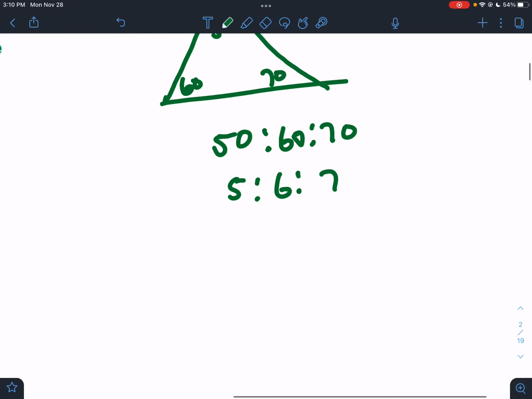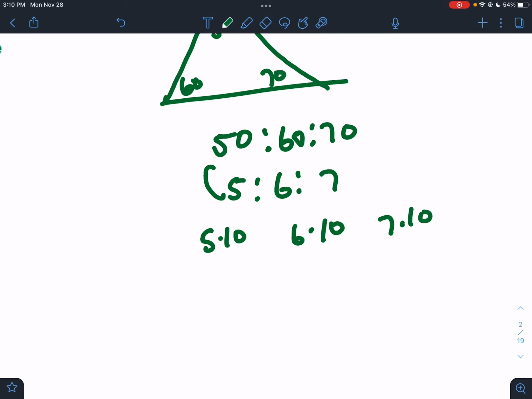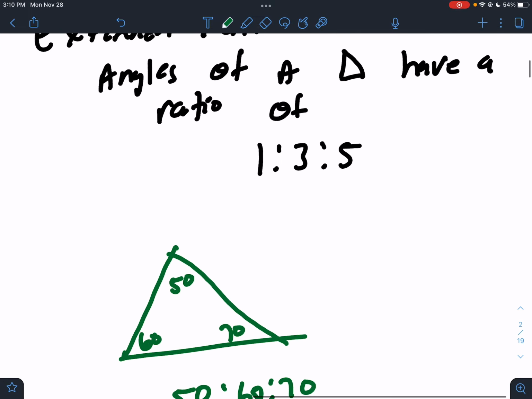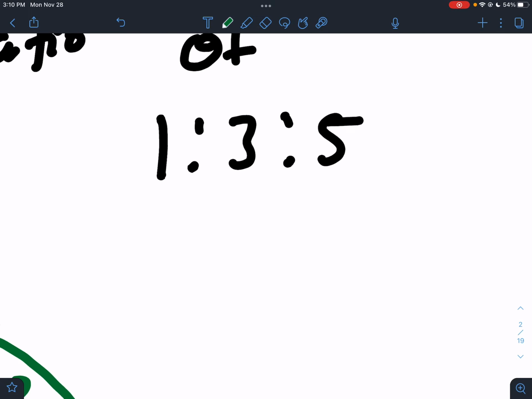Well, if you divide by 10 to reduce it, wouldn't you just multiply it by 10 again to unreduce it? You would do 5 times 10, 6 times 10, and 7 times 10. Wouldn't that give you the original numbers? Yes. The issue is we don't know what we reduced by.